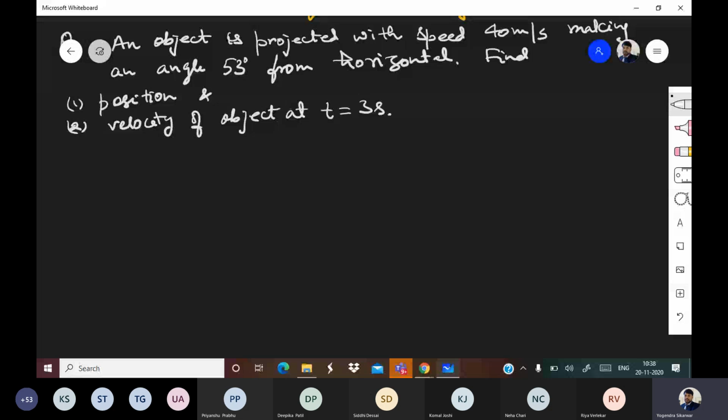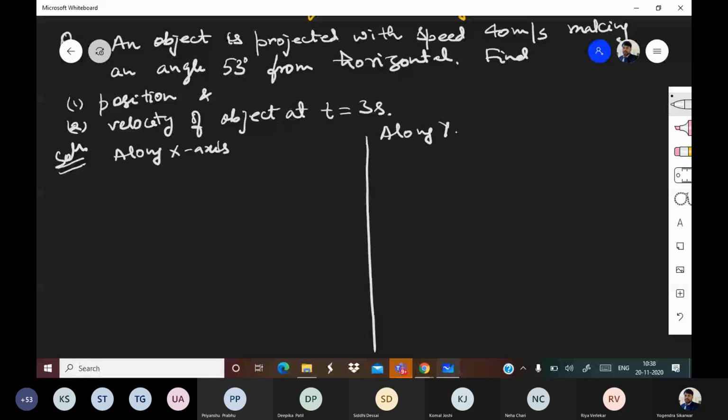Okay, everyone, please pay attention. So along x-axis, along y-axis, okay, ux will be u cos 53, is equal to 40 into cos 53.